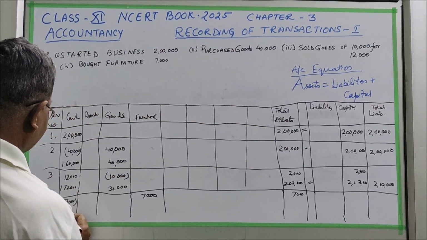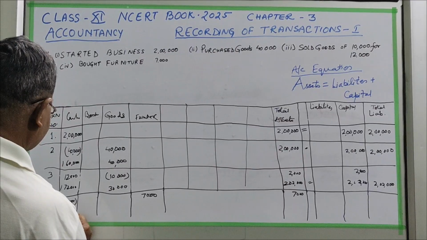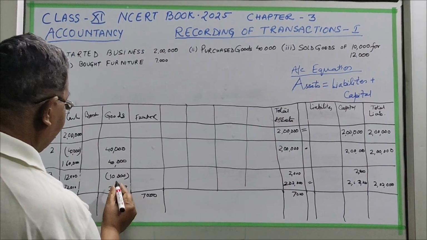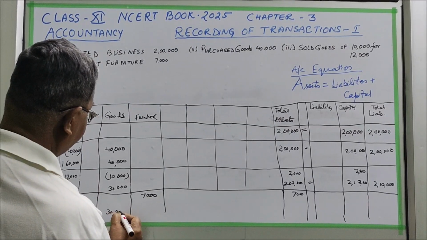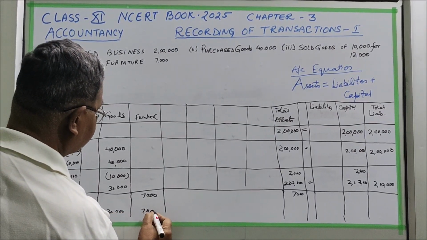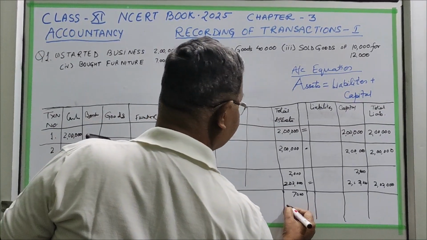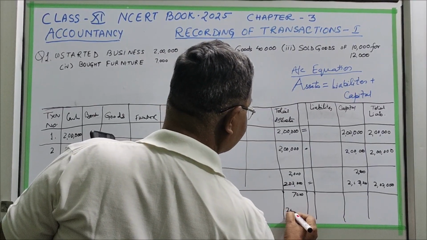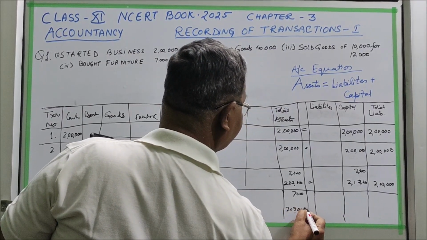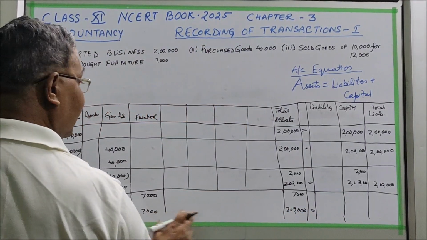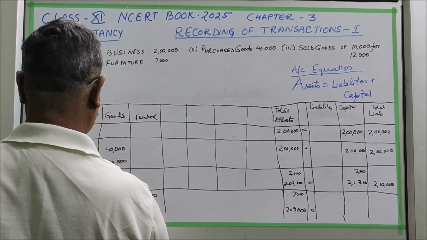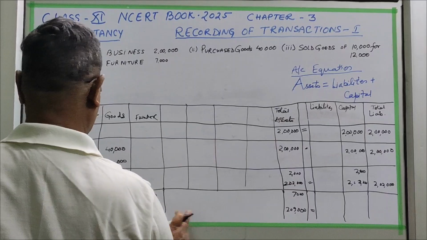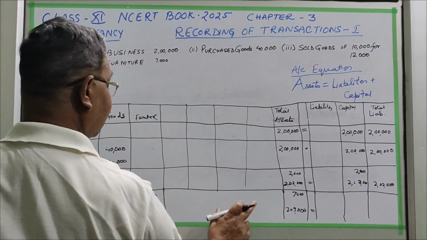Then the final will be 1,65,000. Here 30 will remain 30, and it will become 7,000, and here also it is 2,09,000, and we will check also that it comes to the same.